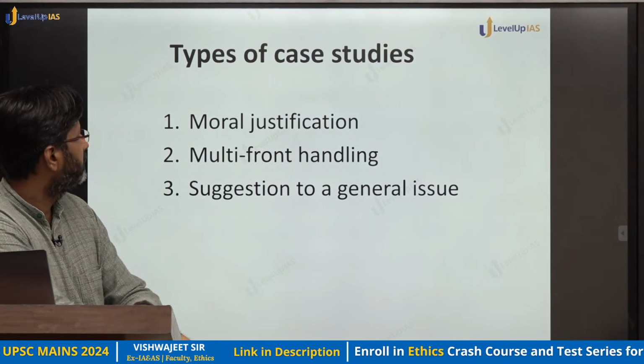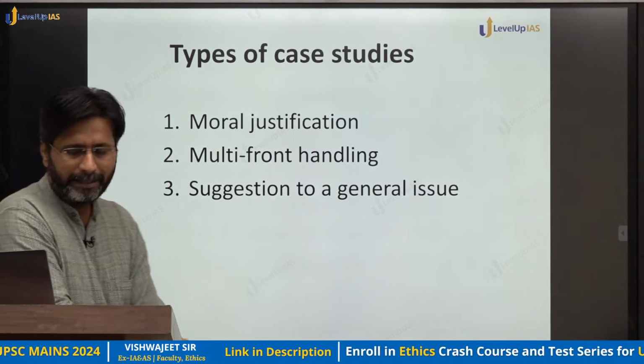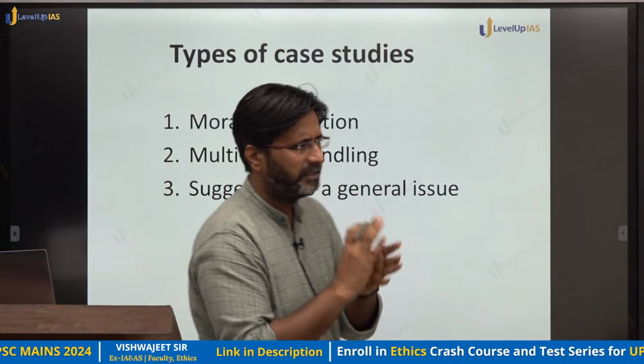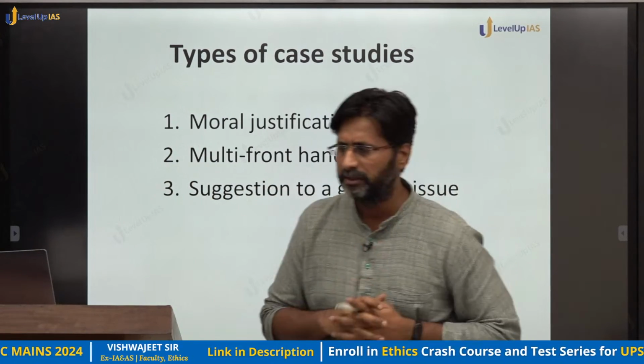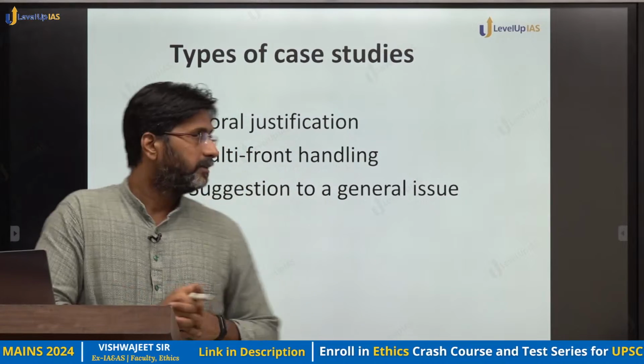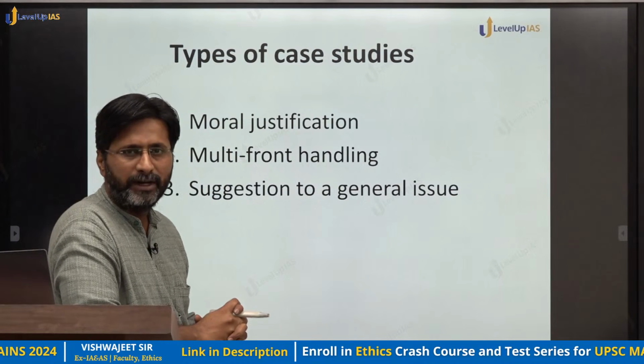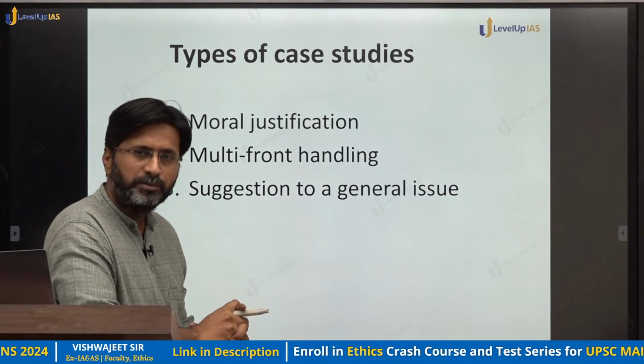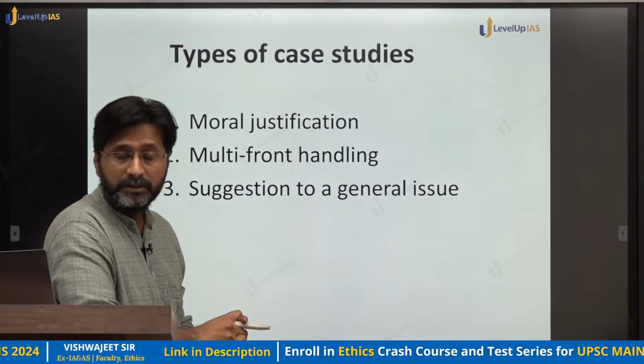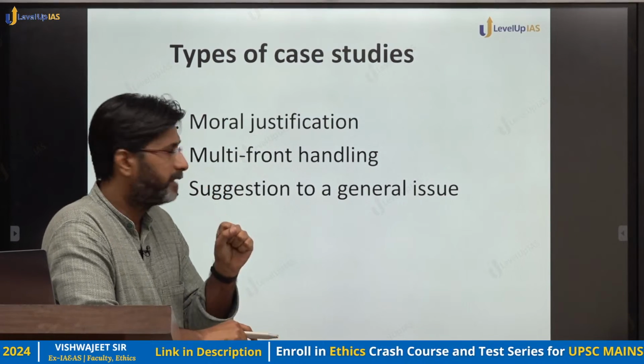Types of case studies: generally there have been three types of case studies if you see the themes or the inclination of the case studies till now. Number one is moral justification. So obviously, whether you will take a bribe, why not you take a bribe, would you take responsibility or run away, how much risk would you take? So it's your own stand, moral justification.